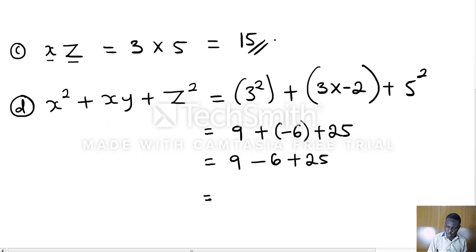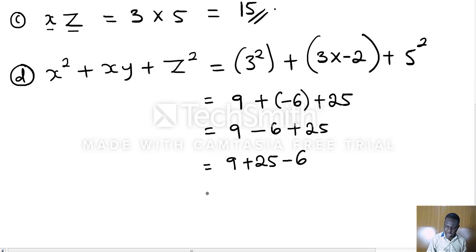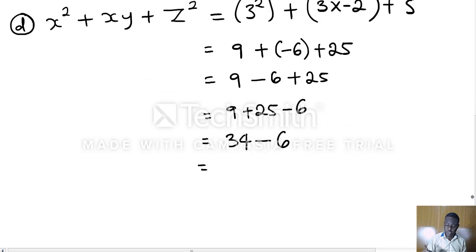So this is equal to, I'm going to rearrange, move all the positive numbers to the front and negatives behind. This is going to be 9 plus 25 minus 6. And 9 plus 25 is equal to 34 minus 6. And 34 minus 6 will give us what? That will be 28 as our answer.